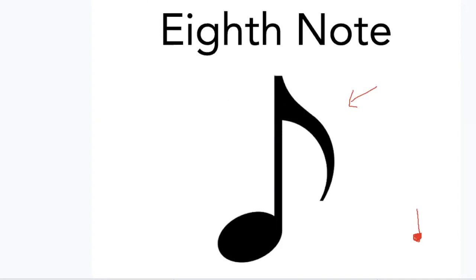Jaden? Because the back part looks like a flag. It has a flag on it, and that's exactly what it's called in music. It's called a flag. So when you see a note that's filled in with a stem and one flag, that's an eighth note. Okay?